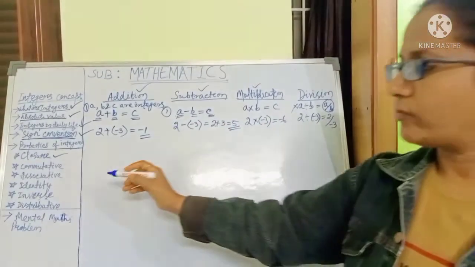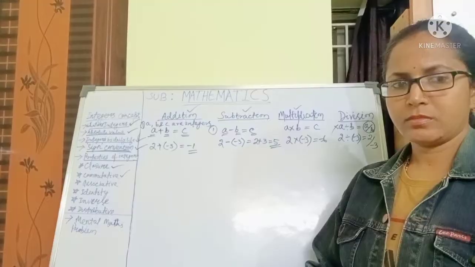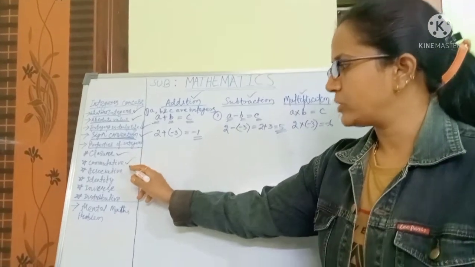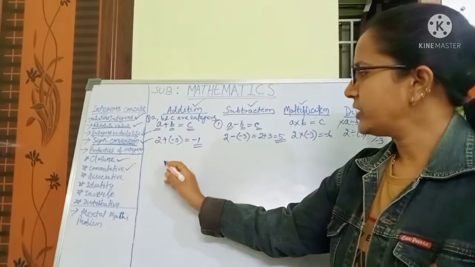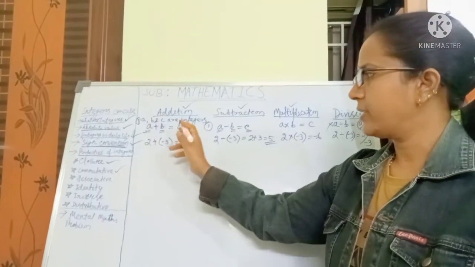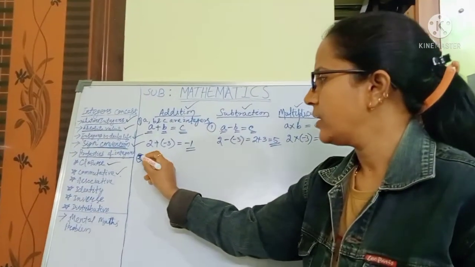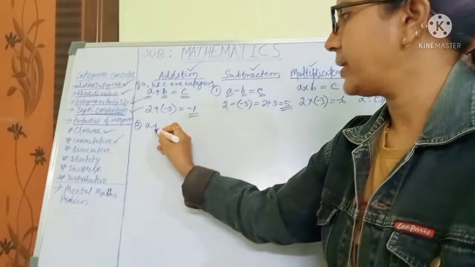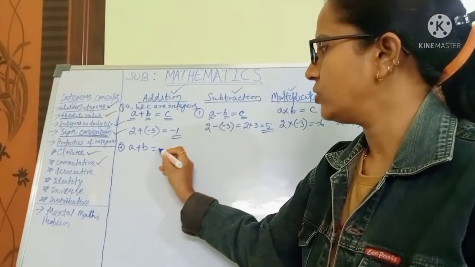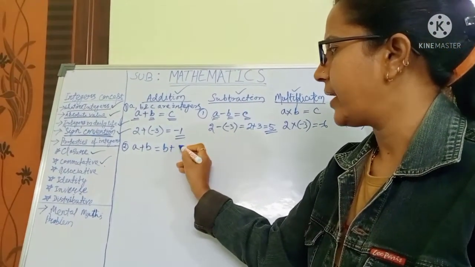Now we will go for the commutative property. The second one is the commutative property. In the commutative property, if we consider a and b as integers, a plus b is equal to b plus a.